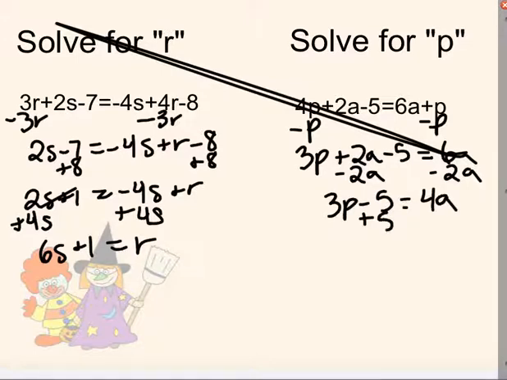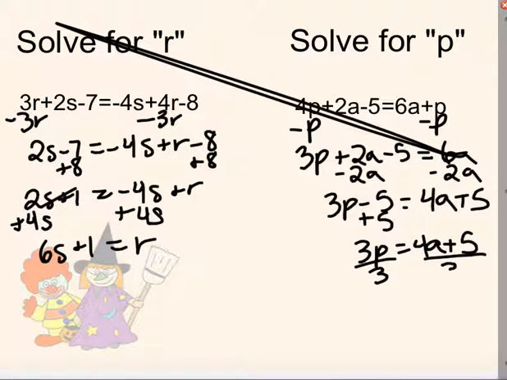I'm going to add 5, and I have 3p equals 4a plus 5. And I divide by 3. I'm just going through the exact same steps that I would in any other equation to get that p is equal to 4a plus 5 over 3. Remember, if you're dividing a side that has more than one term, you divide the entire side by that number.